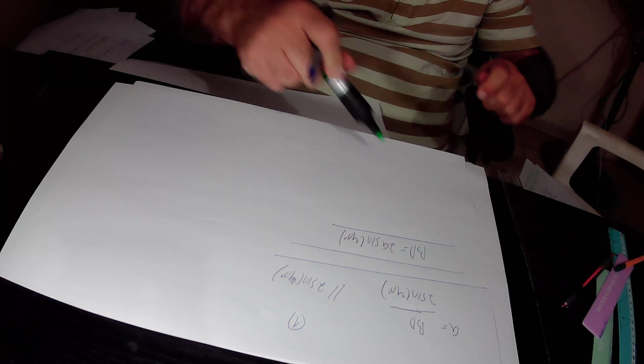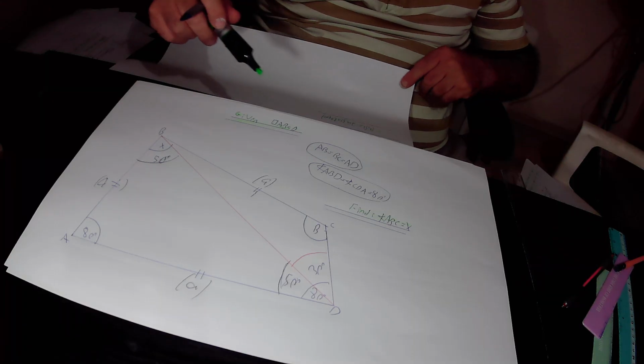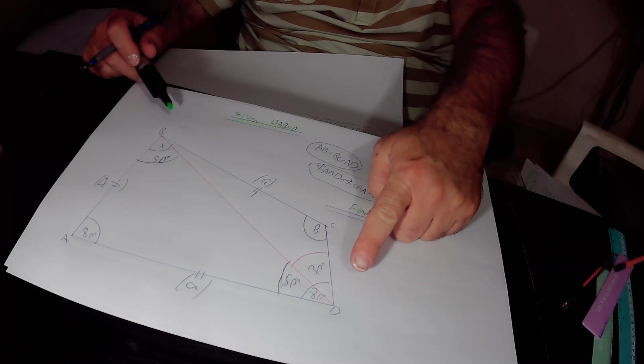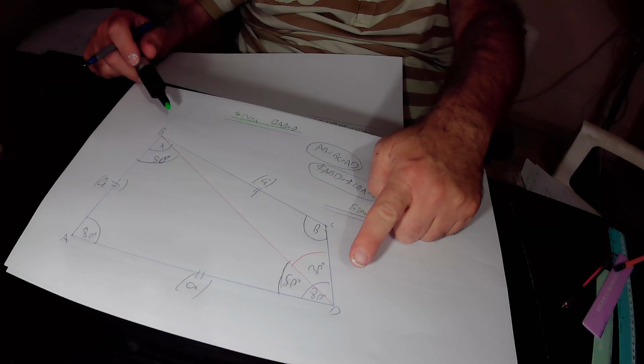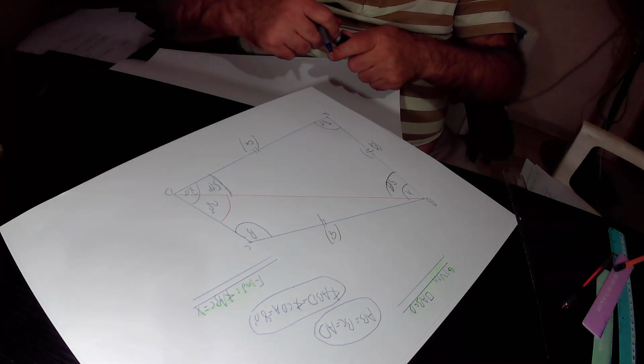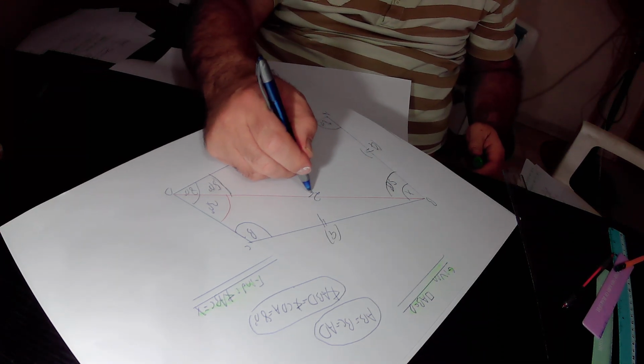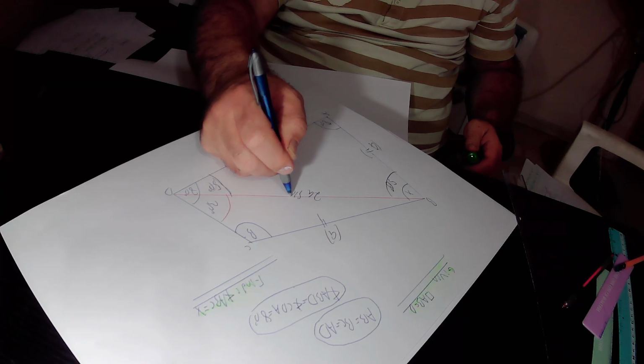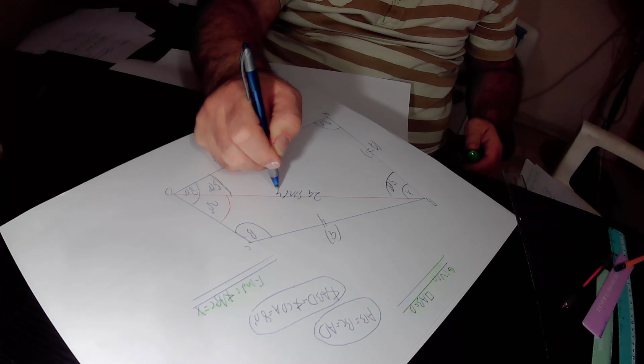So write it now: BD equals 2A times sine 40 degrees in its length.